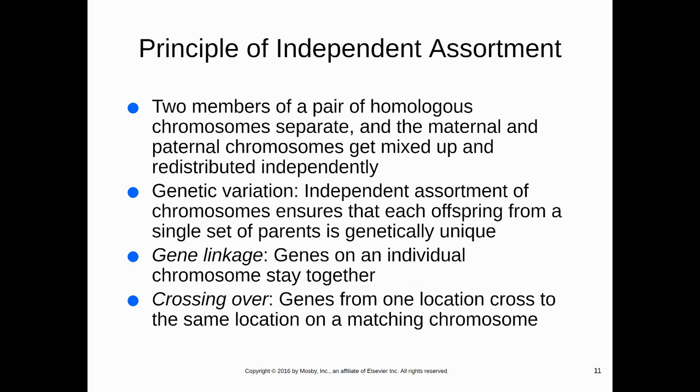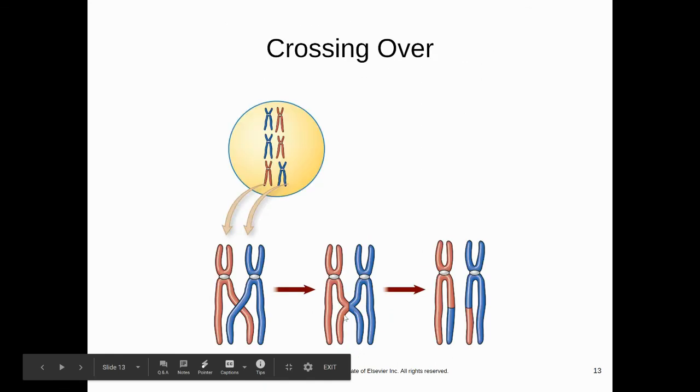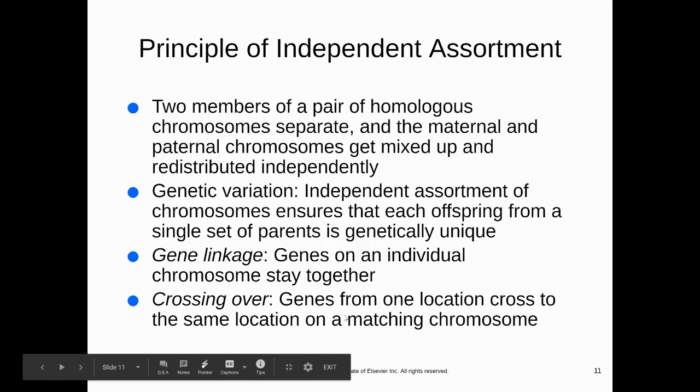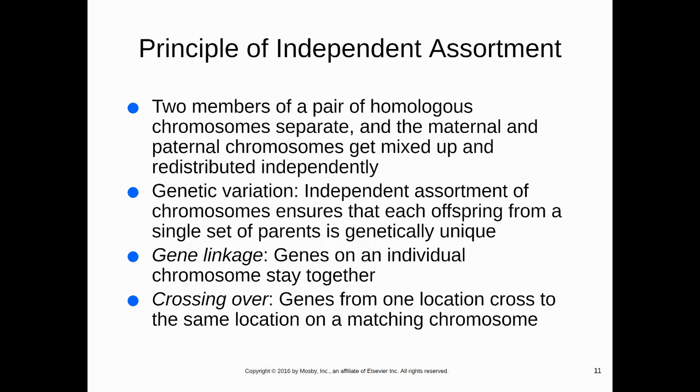And then genetic variation. This is what all of these things allow for, because it means there's not going to be a specific offspring that looks exactly like their parents. There's going to be something different about each one of them, because you have your genes, and then you have the father's genes as well.